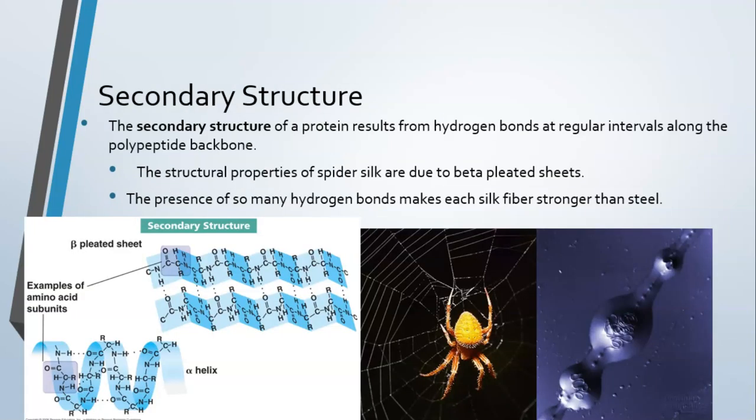But more often than not, right, there's a secondary structure that's really important, and this is going to be governed by the attractions, right, that hydrogen bonding that is going to attract one part of that chain to another part of the chain. And there are 2 big secondary structures. There are the beta pleated sheets and the alpha helices.